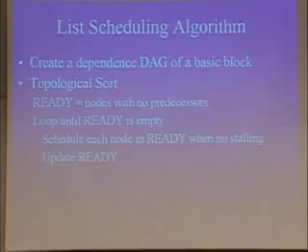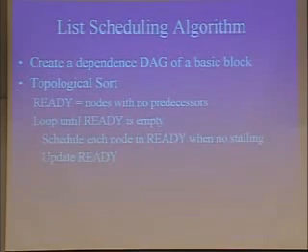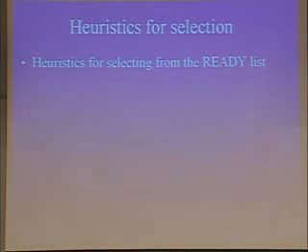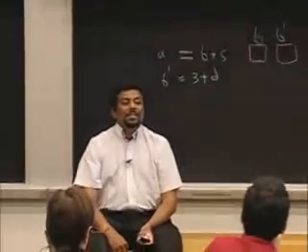The question is, when you have multiple things in the ready list, how do you pick? If you have multiple instructions on the ready list, what kind of heuristics can we use to pick one? You might want to put a memory load in there so that other instructions, when they come later, will already have the memory load.